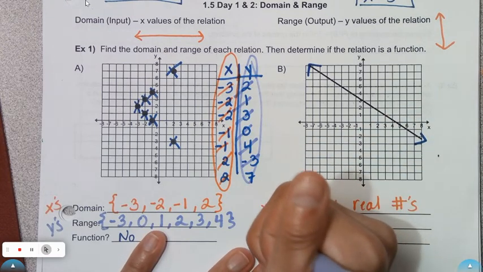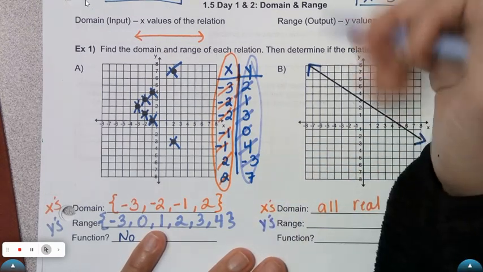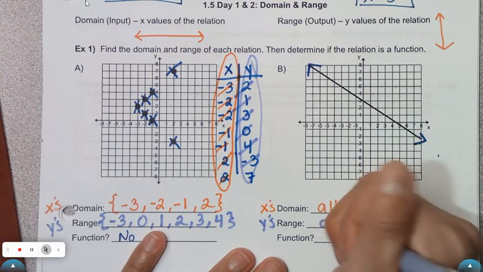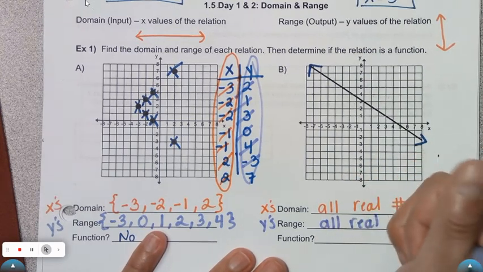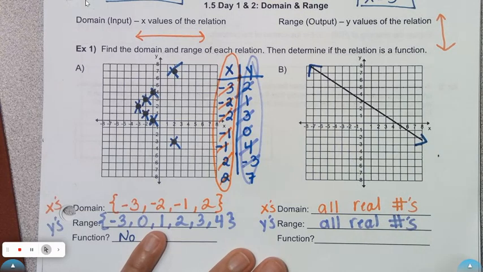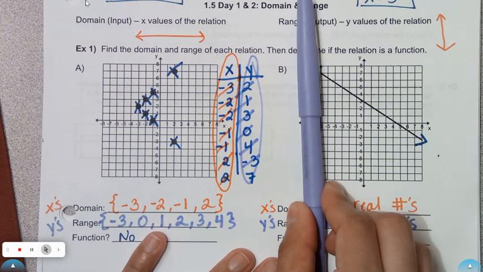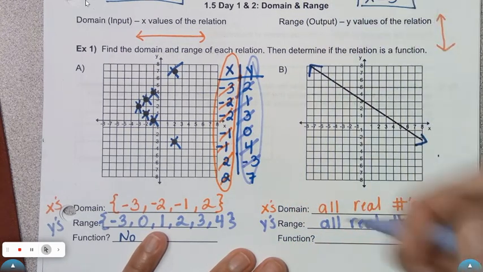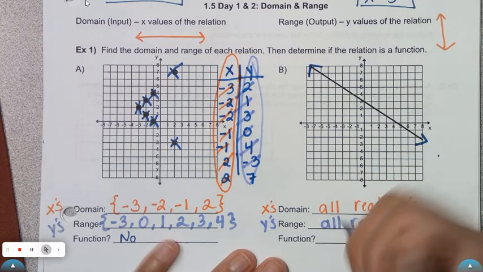For your range, it's your y's. This goes up forever. This goes down forever. So this one is also all real numbers. Is this a function? You can check by doing the vertical line test. If there are no points on top of each other, that is good. So this is a function. This is yes.